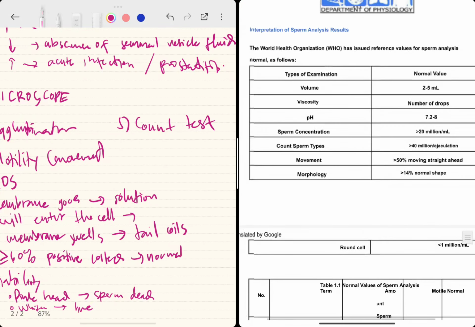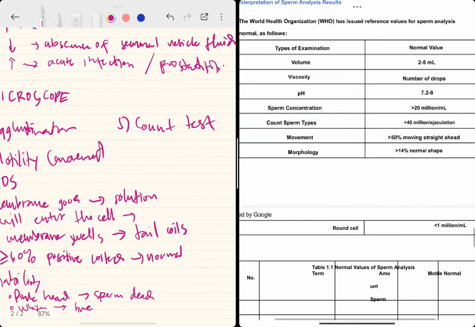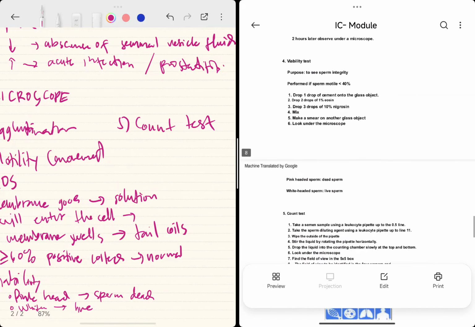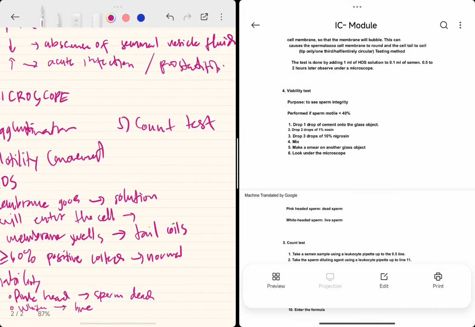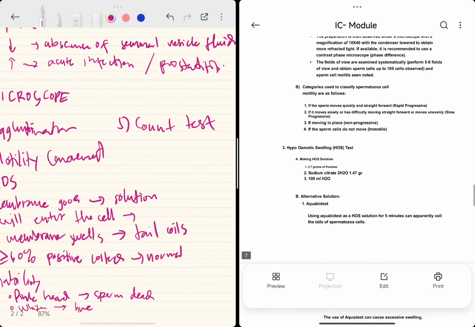And then, this one is the normal value that you can remember, because if I'm not mistaken, from last year, usually in the pretest they will ask about the normal value, and also what tests were implemented in the microscopic examination, please name them all.